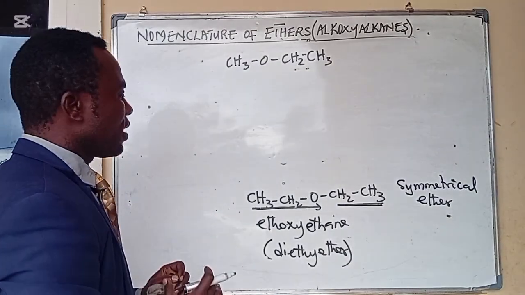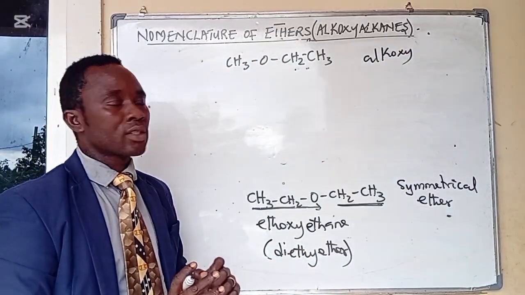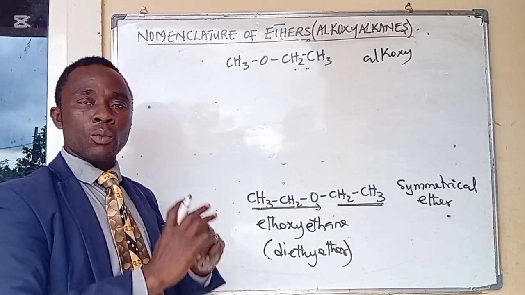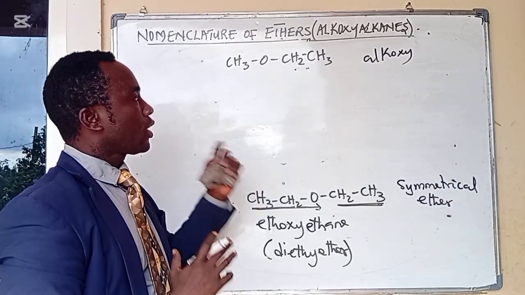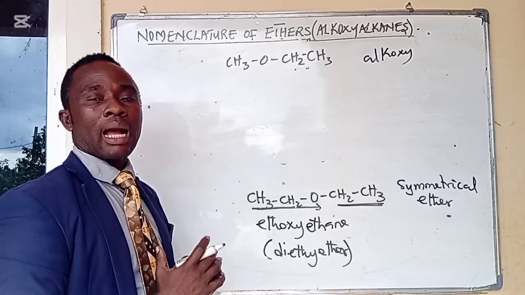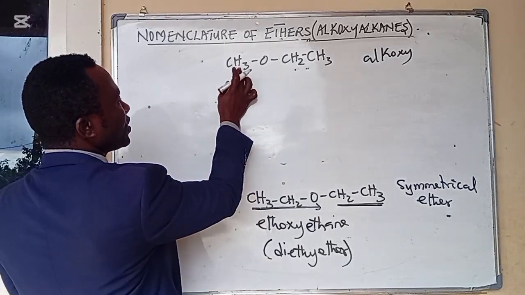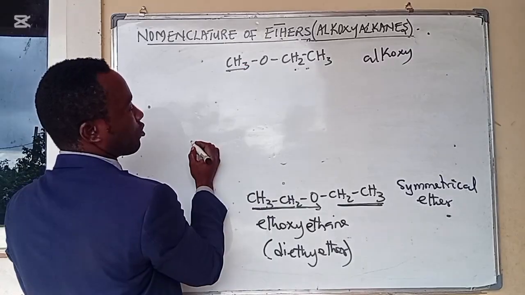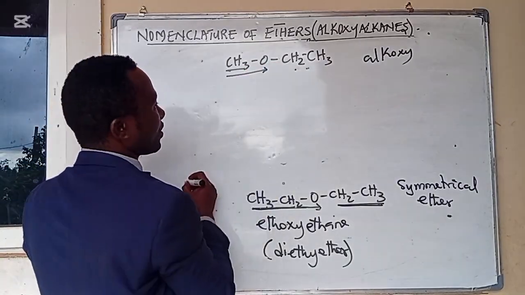Now, which one will be the alkoxy part? The rule is that the part having smaller number of carbon atoms should be the alkoxy, while the one having larger carbon atoms should be the alkane part. So this side has smaller carbon atoms. That should be the alkoxy. So the oxy stops here.